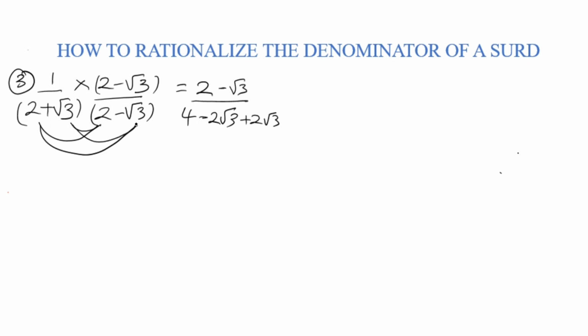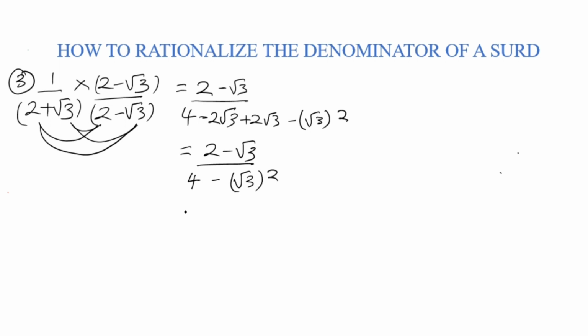Then root 3 multiplies root 3, which is root 3 all squared. Positive negative negative, minus root 3 all squared. We have over here 2 minus square root of 3 divided by 4 minus 2 root 3 plus 2 root 3 is 0, minus root 3 all squared.